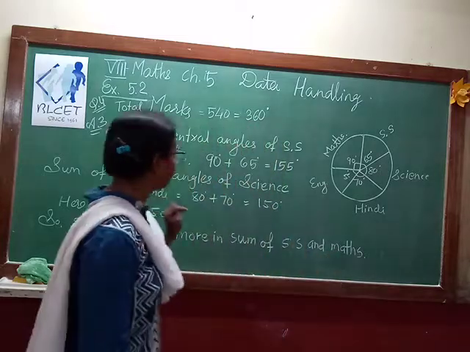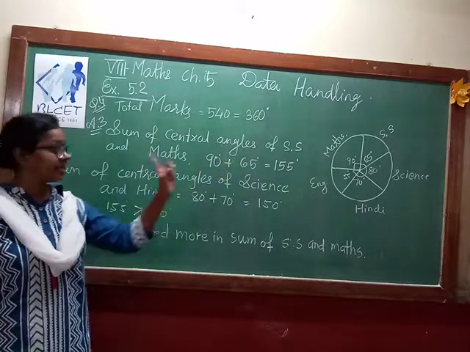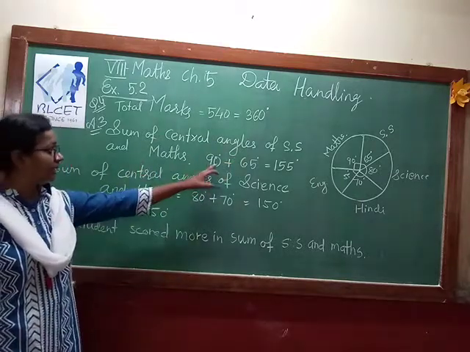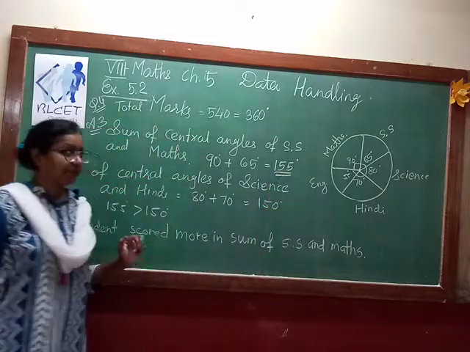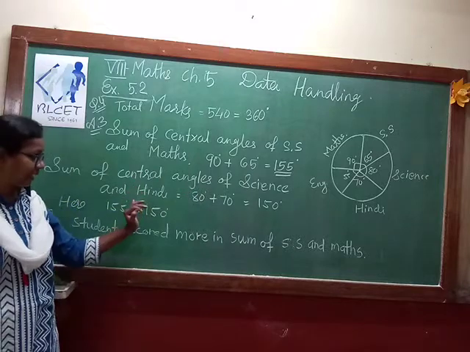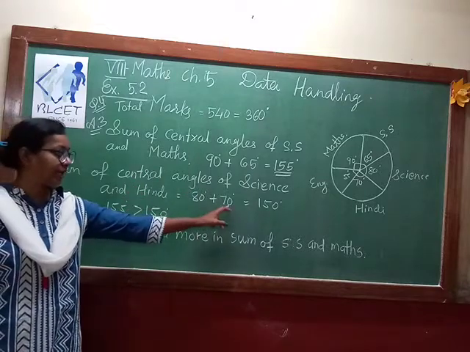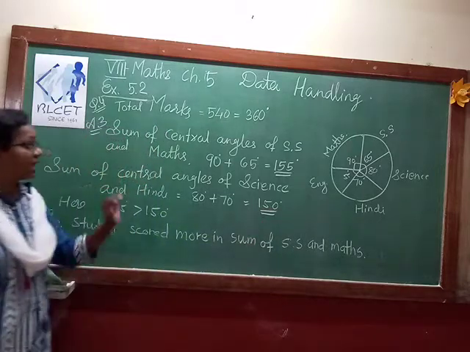What we will do? First we will find the sum of central angles of SS and Maths, which is equal to 90 plus 65, that will give you 155. Same we do for the sum of central angles of science and Hindi, that is 80 degree plus 70 degree, which gives you 150 degree. Now we just compare both.